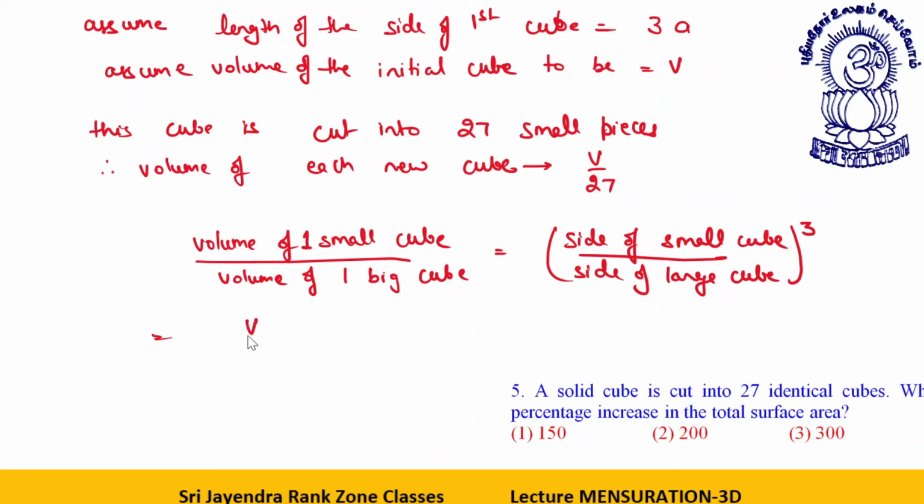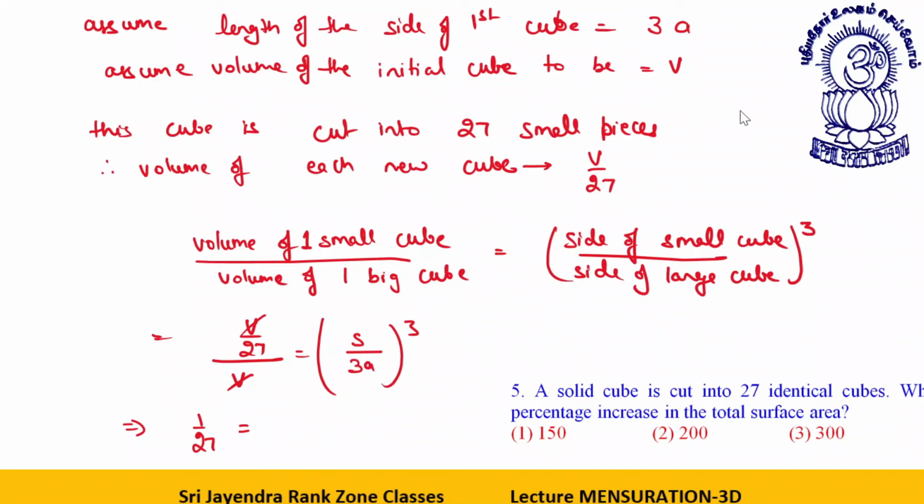So volume of one small cube is V by 27 and the volume of one large cube is V. Let the side of the smaller cube be S, upon 3A, cubed. V and V cancel. So 1 by 27 is equal to S upon 3A, cubed.